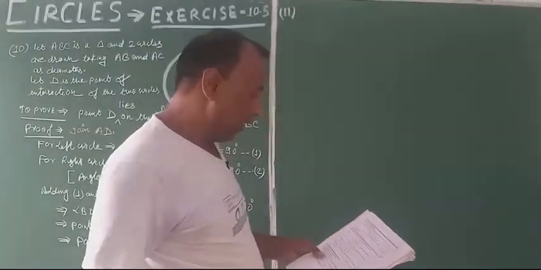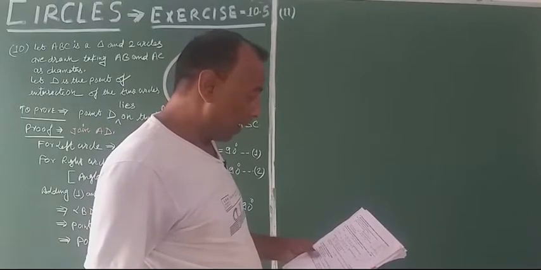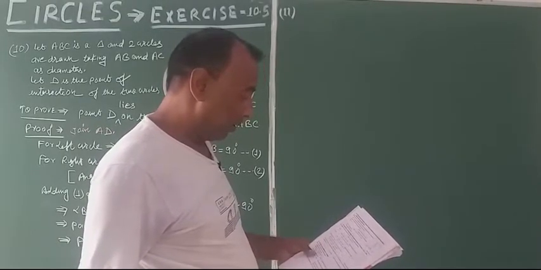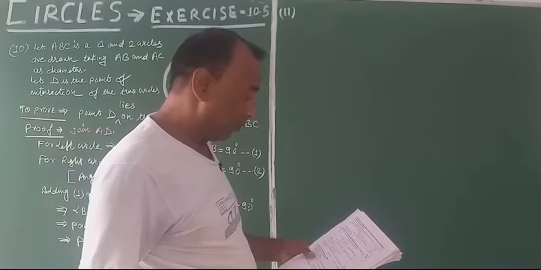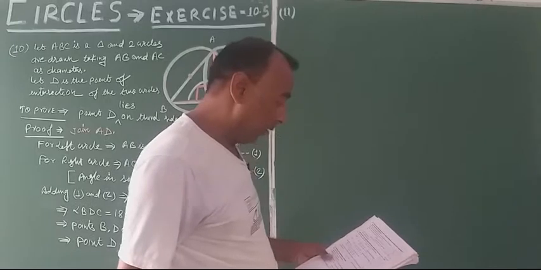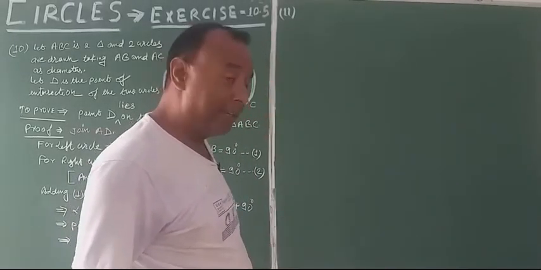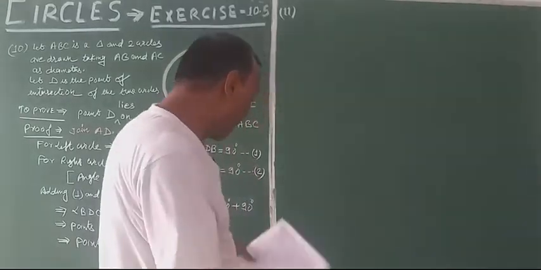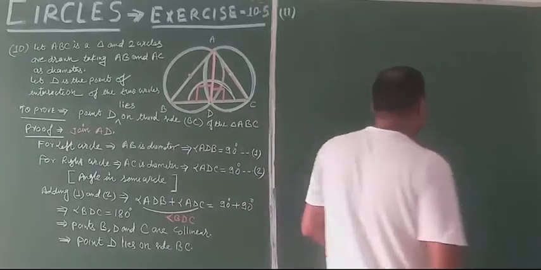Now this is question number 11. ABC and ADC are two right triangles with the common hypotenuse AC. Prove that angle CAD is equal to angle CBD.